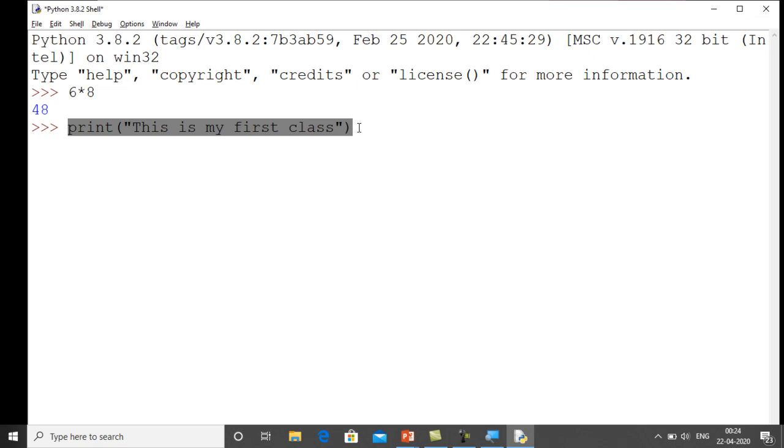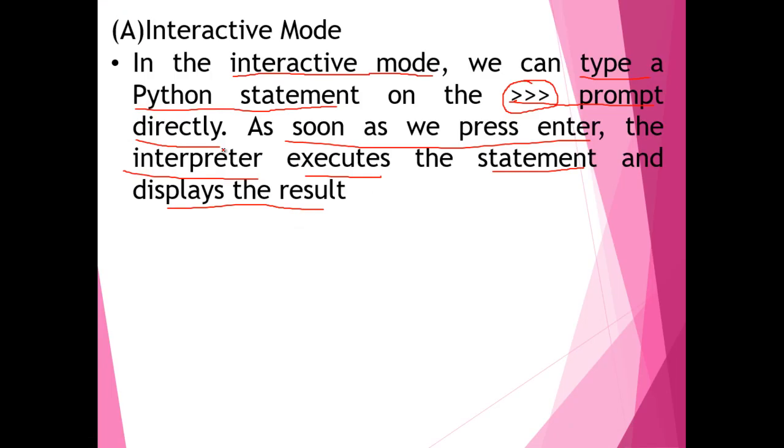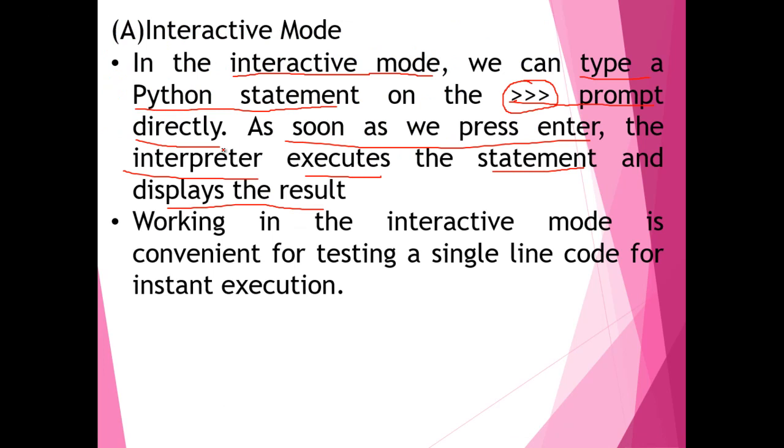Once I complete the statement, I simply press enter, and this statement is fetched by the interpreter, and after processing it, the interpreter shows the result on the screen. So the print statement is basically used to print the message, and the Python interpreter will execute this statement and show the message as a result to the user.